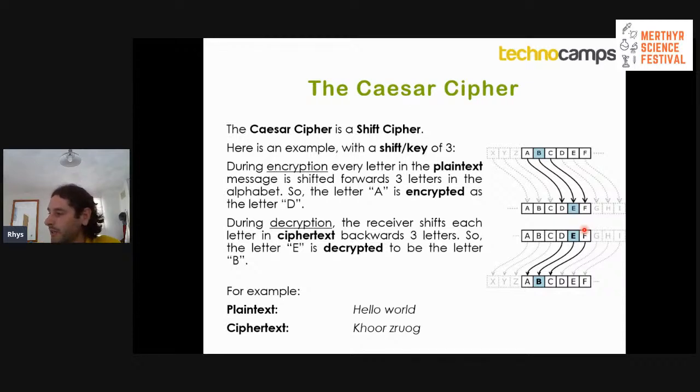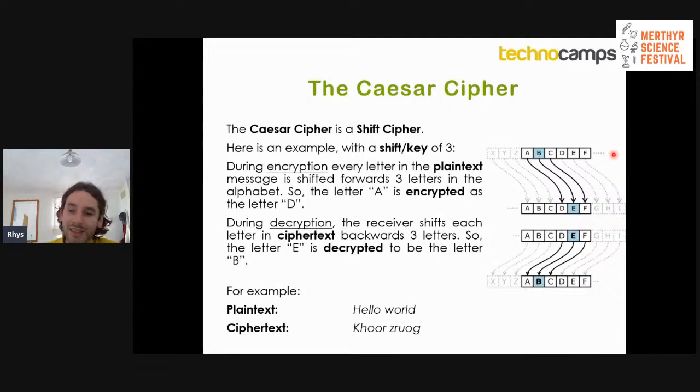Okay, so if you were wanting to write the letter A with a shift of 3, you would write the letter D instead. If you wanted to write the letter B with a shift of 3, you write the letter E instead. The order of the message, the order of the letters and the words, doesn't change, but the letters we're using change, and so it can make it very difficult to read and understand.